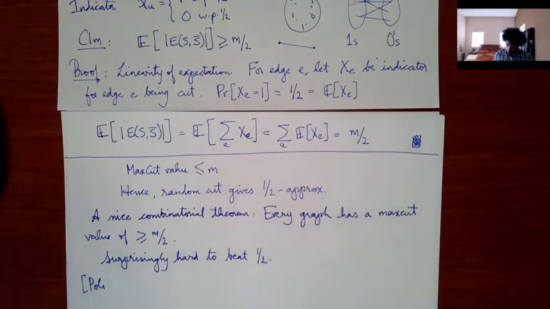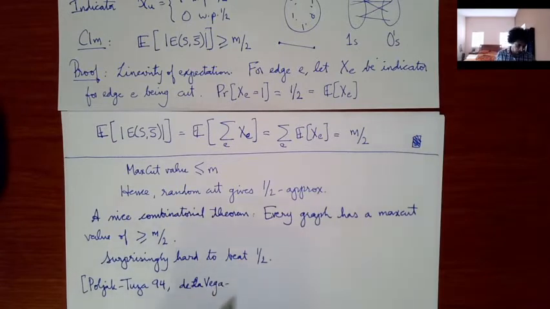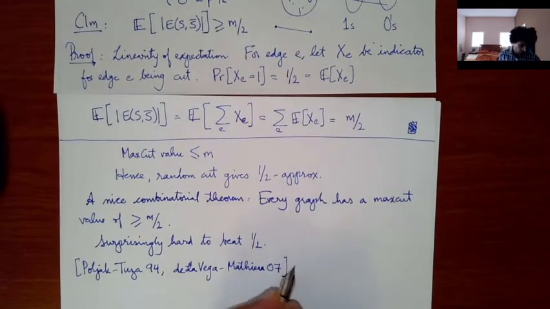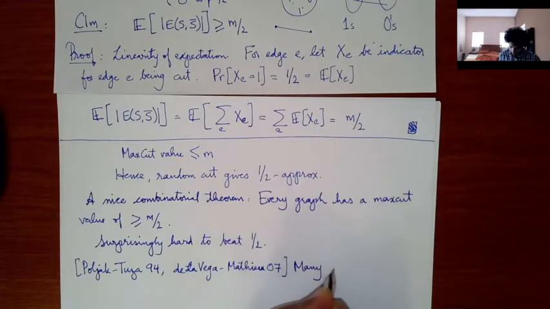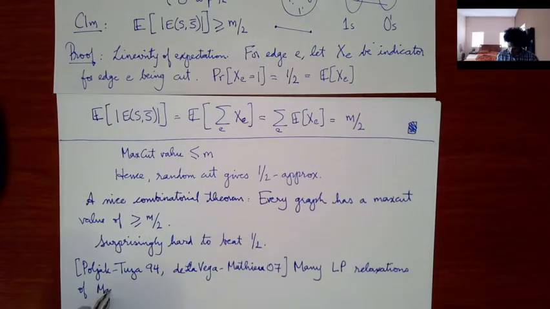What was shown by Polyak and Tuza in '94, and then by De La Vega and Mathieu in 2007, is that many LP relaxations of Maxcut have an integrality gap of a half.